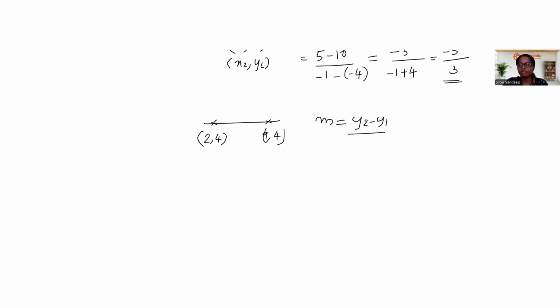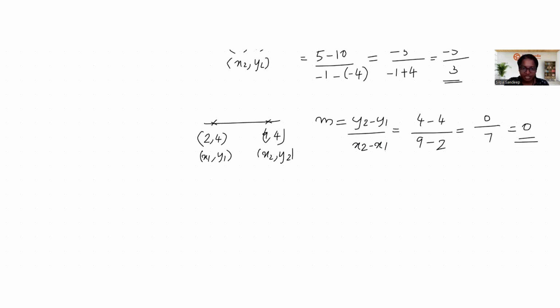Here the first point is x1, y1 and the next point is x2, y2. So y2 is 4 minus y1 is again 4 divided by x2 is 9 minus x1 is 2. So this is equal to 4 minus 4, 0 divided by 9 minus 2, 7. That means this is equal to 0.